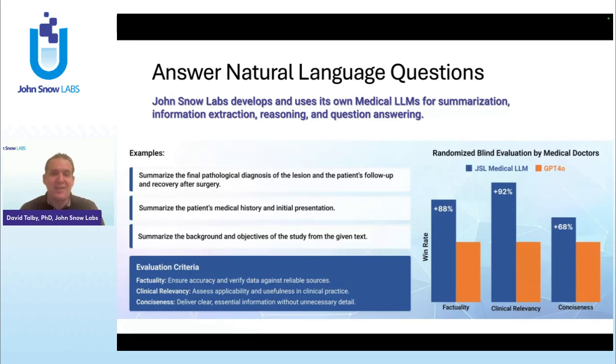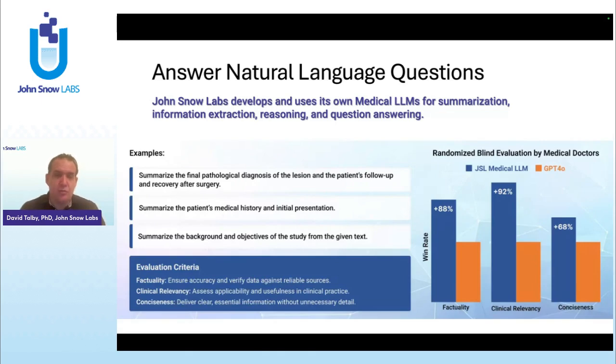Recently, they've been benchmarked in a blind randomized evaluation by practicing medical doctors on three tasks: clinical text summarization, clinical information extraction, and medical question answering, versus GPT-4o, kind of the latest version.